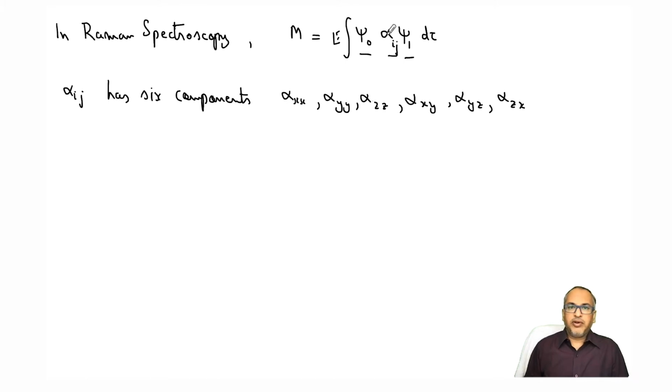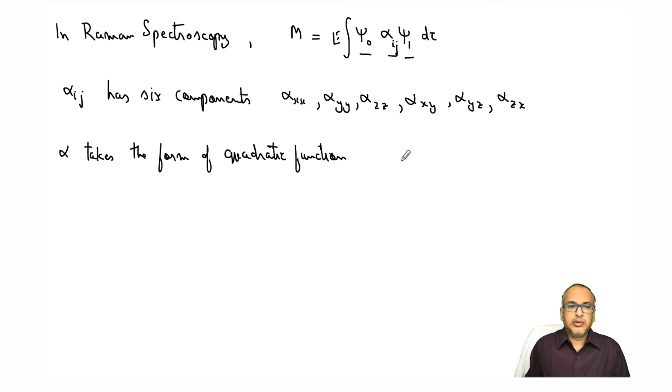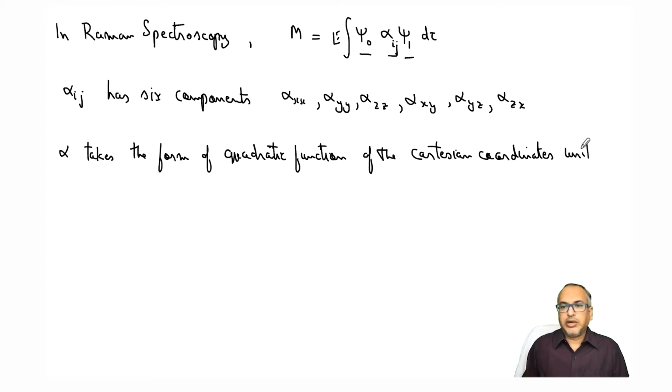Now, what is the symmetry of alpha? Symmetry of alpha is basically the direct product of x and y and z, right? So x, y, y, z, any of these direct products. So alpha takes the form of a quadratic function of the Cartesian coordinates, unit vectors, right?